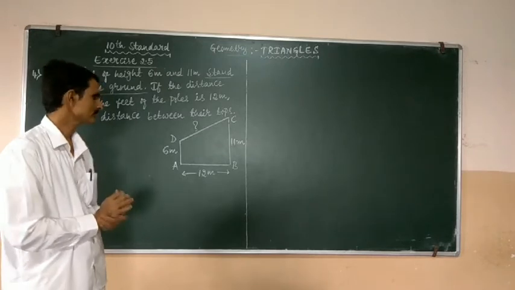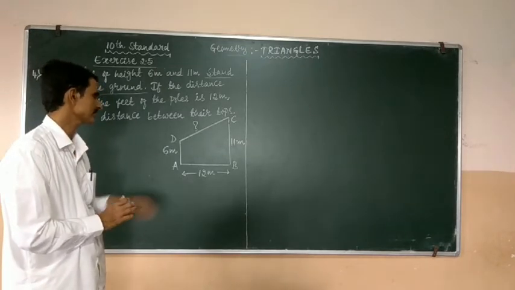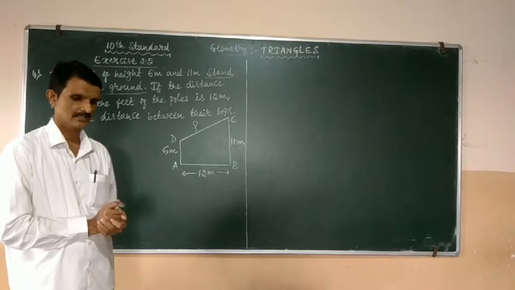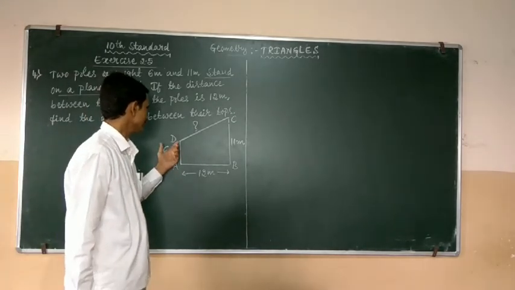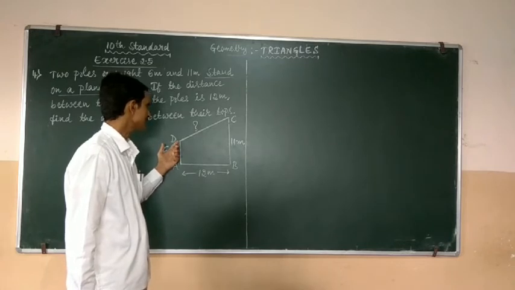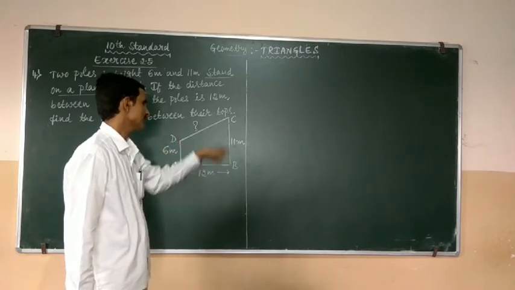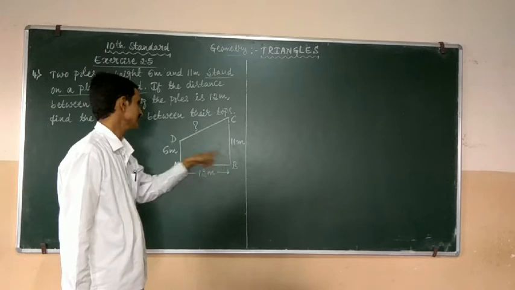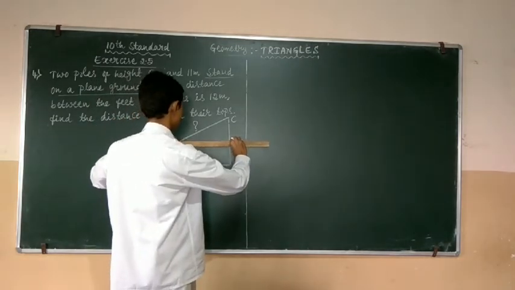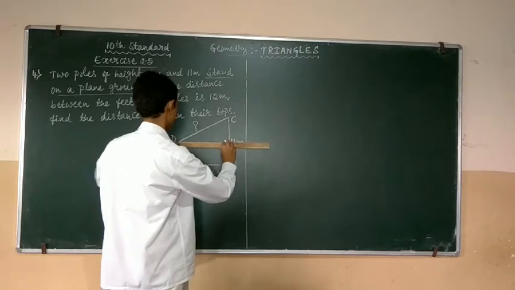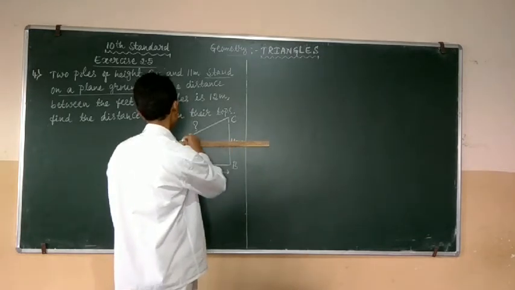So we are going to make a construction here. We should draw a perpendicular to BC from the point D, from the vertex.